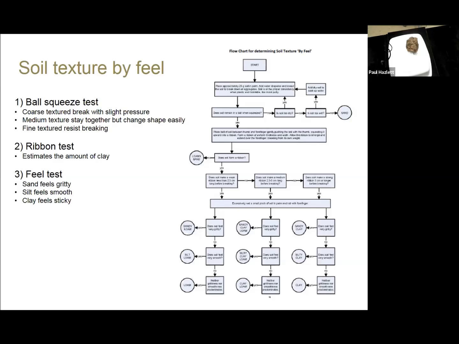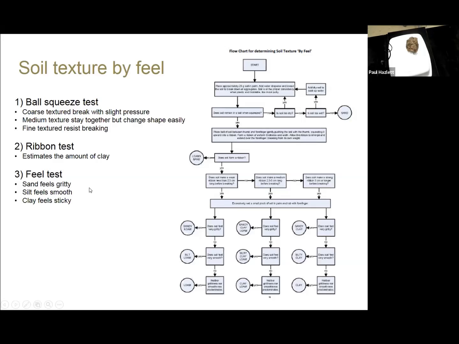And then as you move down, we will make different lengths of ribbons: less than 2.5 centimeters, between 2.5 and 5, and greater than 5 centimeter ribbons before breaking. Then you move down into these different parts of the key from the left to the right. So you've got loams, clay loams, and clays, depending on the length of your ribbon in your ribbon test.